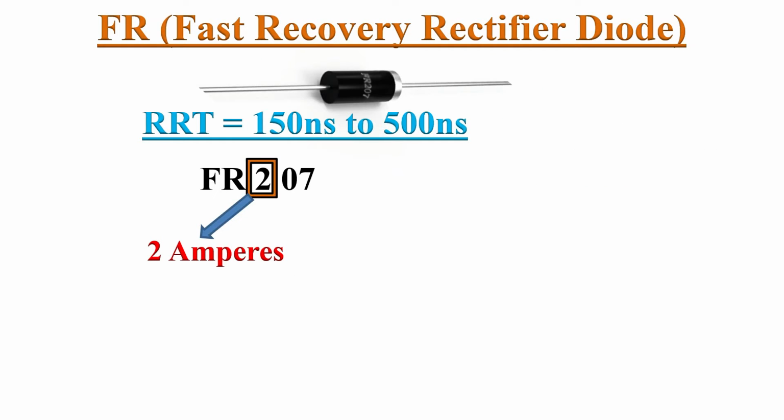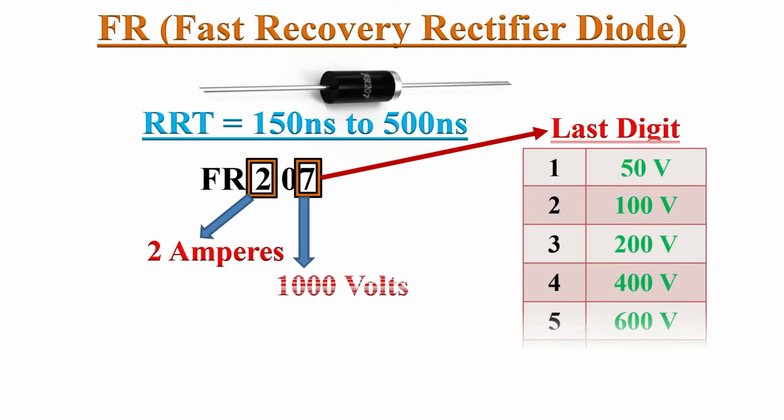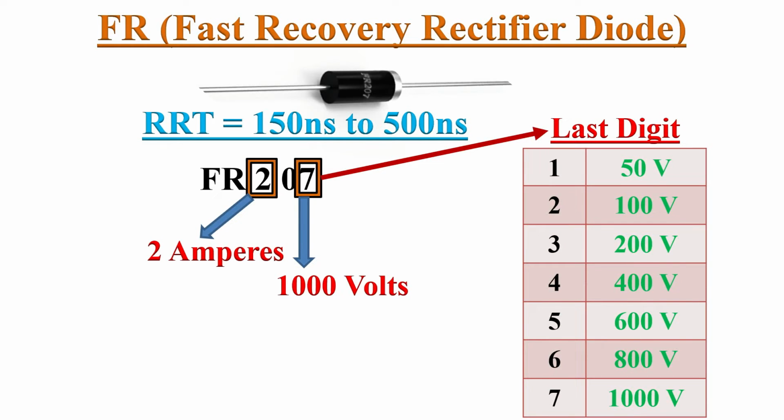The basic type of fast recovery diode is the FR diode. These diodes' reverse recovery time is between 150 nanoseconds and 500 nanoseconds. As I have said earlier, the first digit is the current rating and the last digit indicates its voltage rating from 50 volts to 1000 volts respectively.